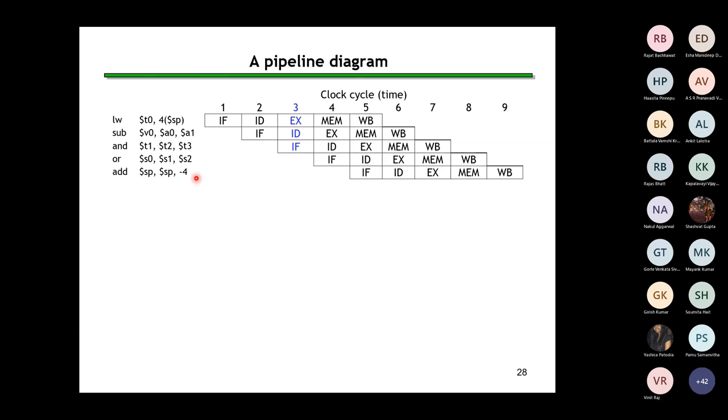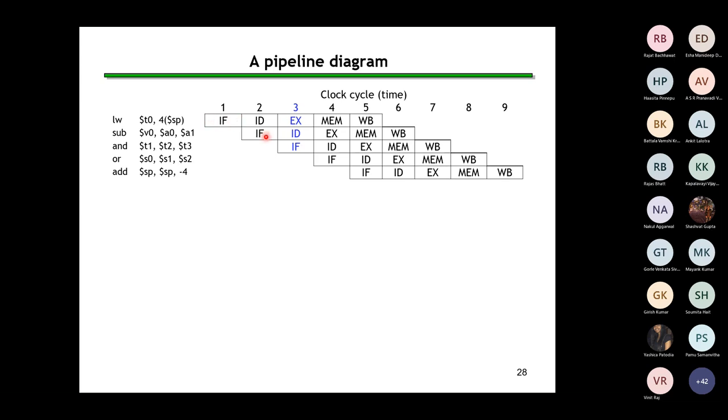Now, one thing you can observe is that in order to finish the first instruction, I need these 5 clock cycles: fetch, decode, execute, memory, write back. Now, if I do certain augmentation in my hardware, as soon as the first instruction finishes this IF part, this hardware module becomes free.